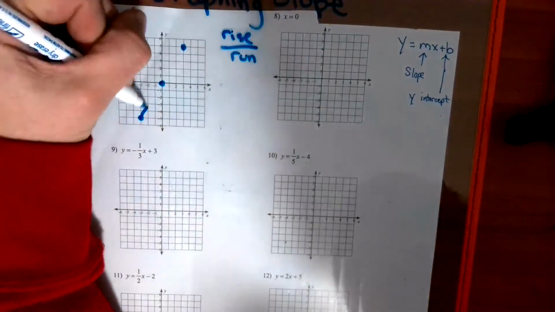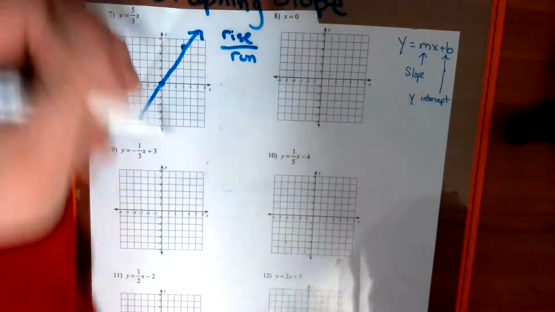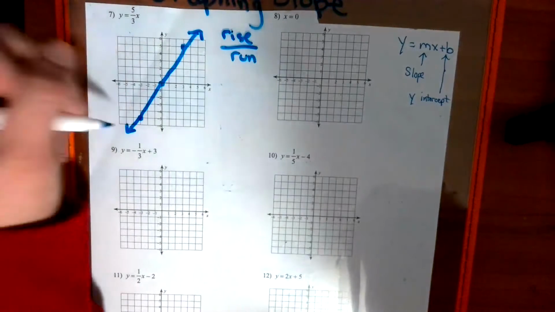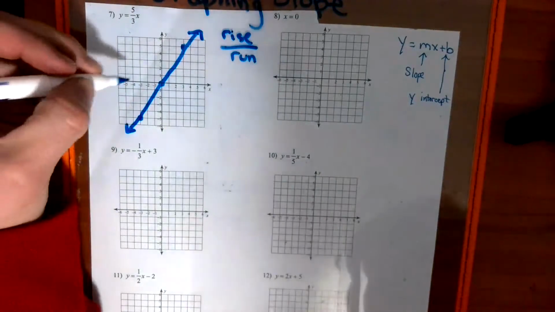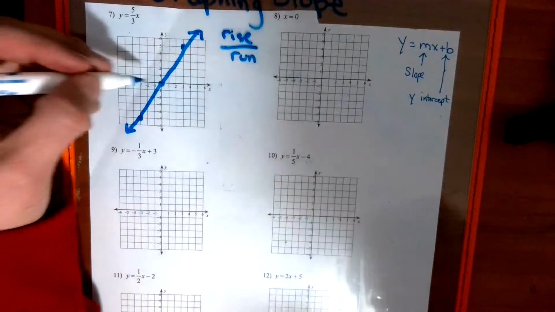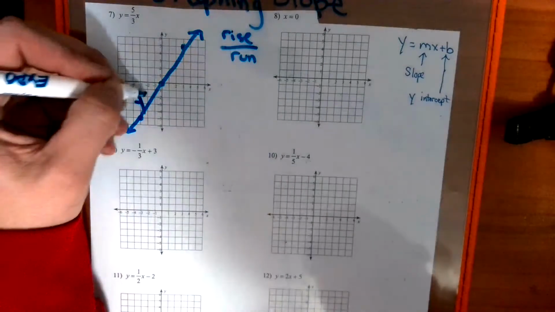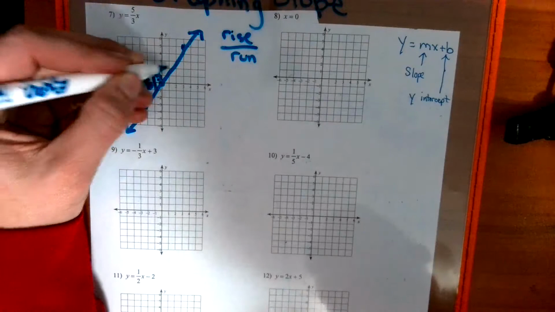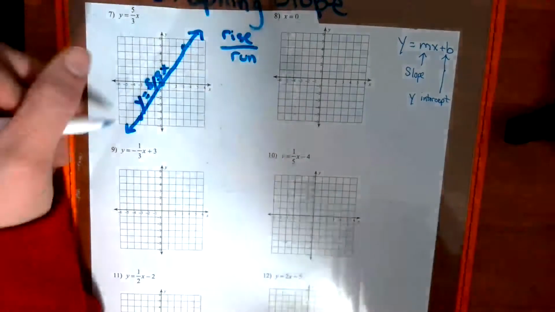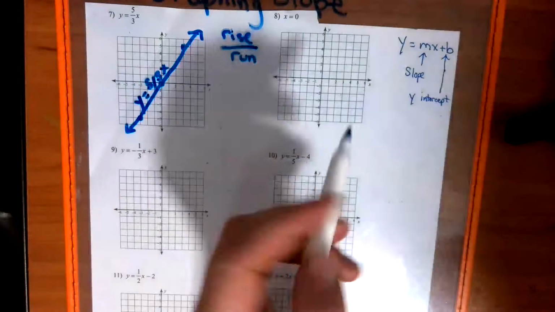So I'm just going to wing it. And then we put our arrow tips on each side. Most of the time, the teacher will want you to write the equation on your line or on the edge. So you could put y equals 5/3 x across it. And some kids put it at the bottom so it's not involving the picture.